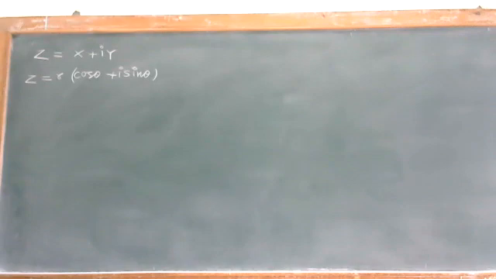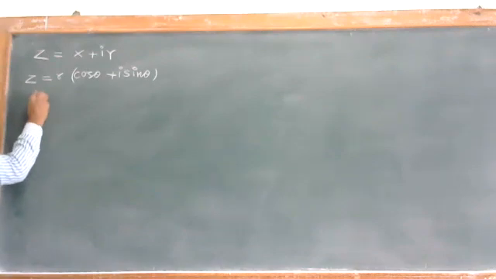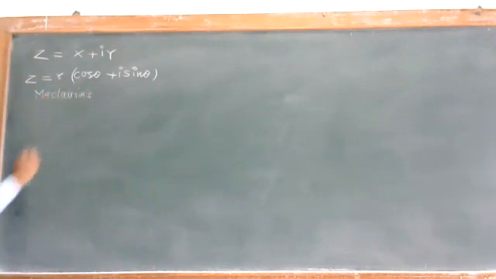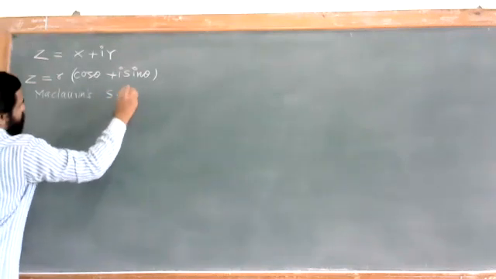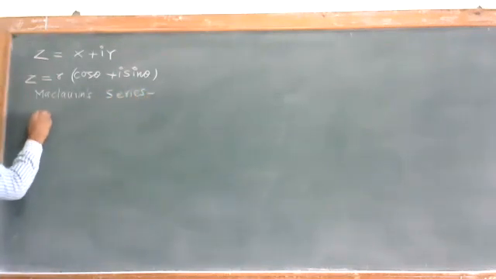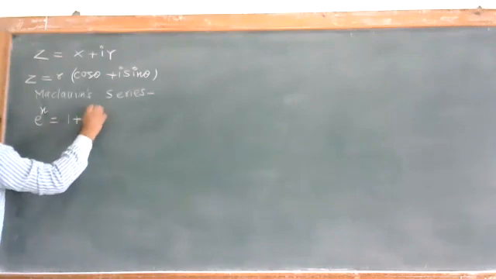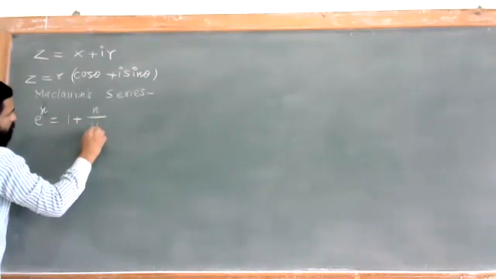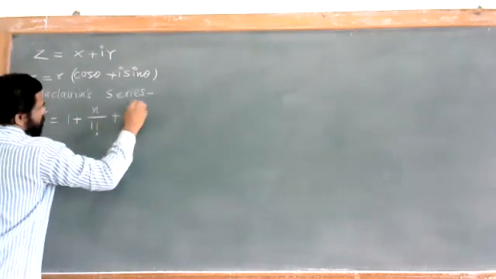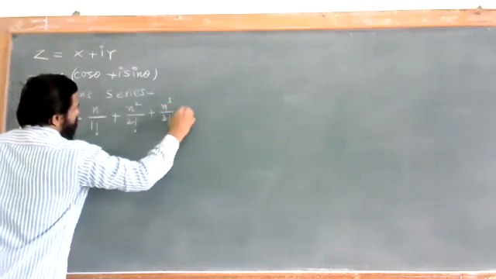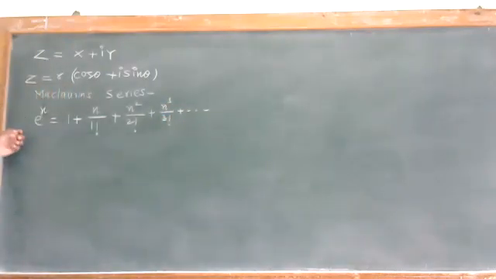So for that, what we require is the Maclaurin series. So we can have that Maclaurin series, that is e raised to n is equal to 1 plus n upon 1 factorial plus n square upon 2 factorial plus n cube upon 3 factorial plus n raised to 4 upon 4 factorial and so on.